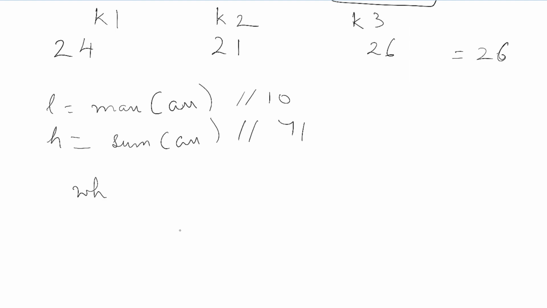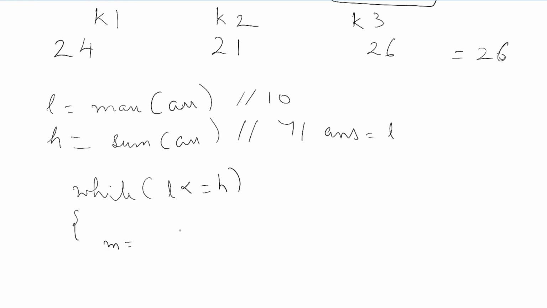Now let us keep answer equal to L, initialized, while L is less than or equal to H. We need to get the mid, which will be the time taken, the minimum time taken to complete all the tasks.